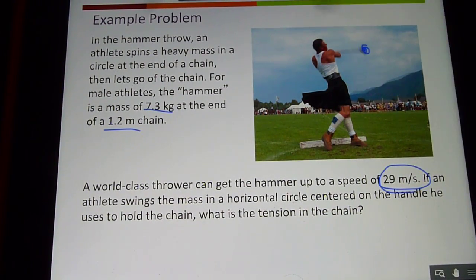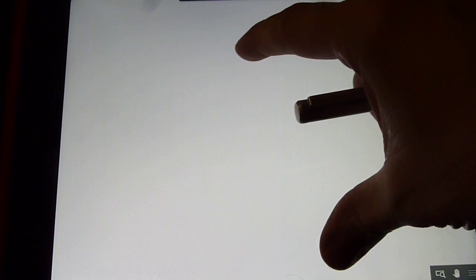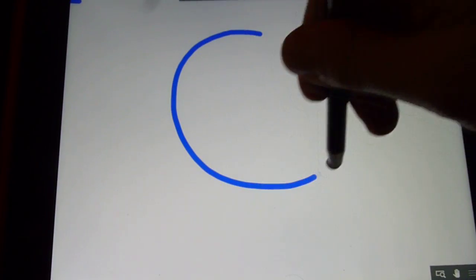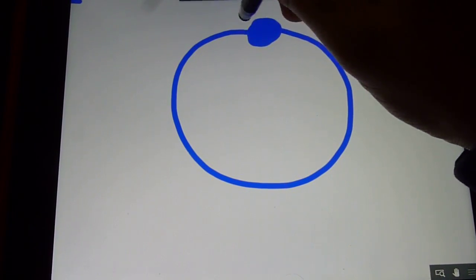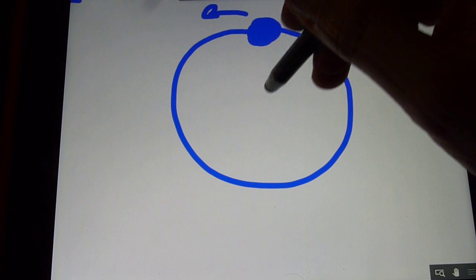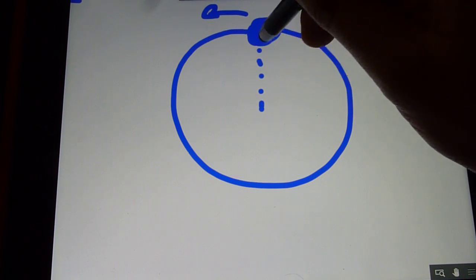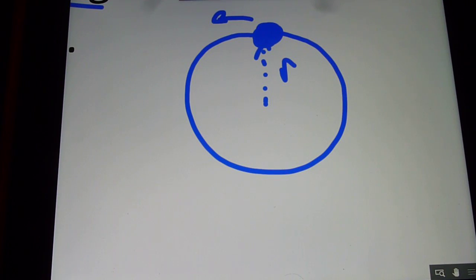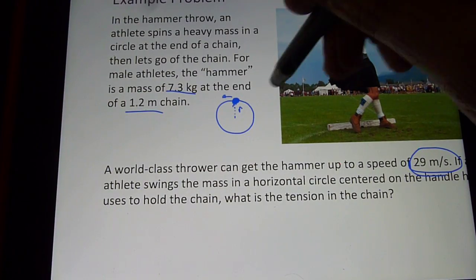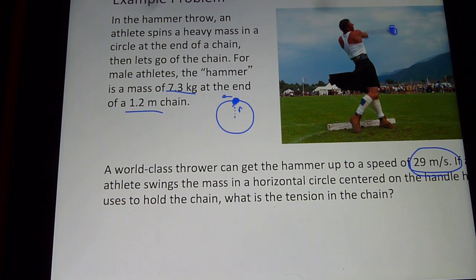If we draw a top-down view, here's my circle, and I've got my hammer going around and around with a velocity v. This has a radius r, and therefore the force on my hammer will be directed in towards the center of the circle.